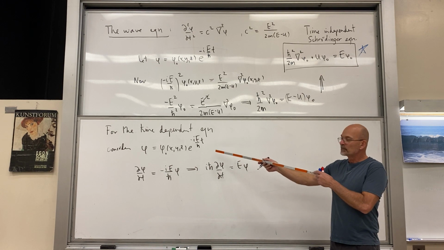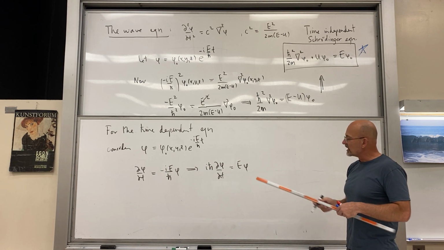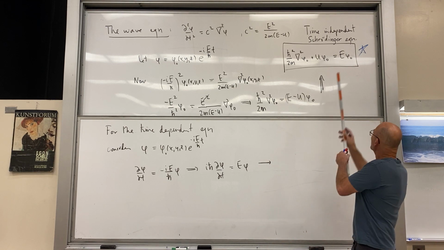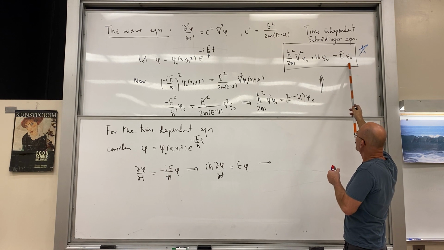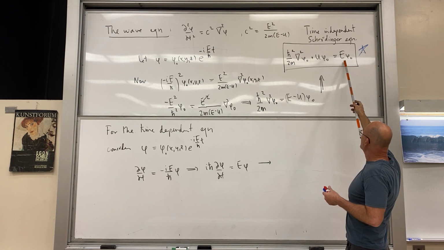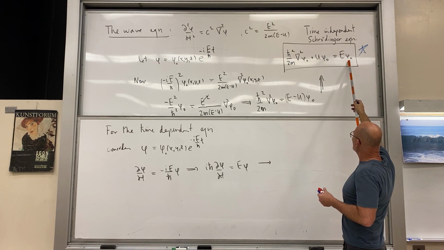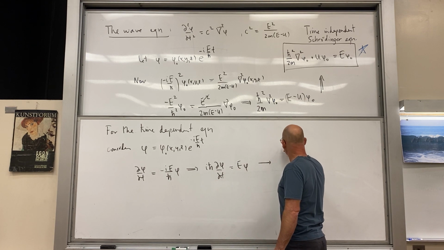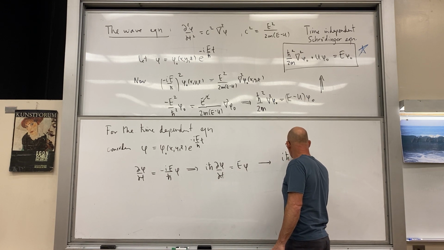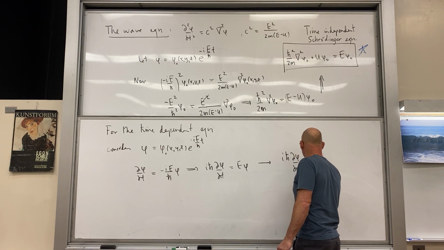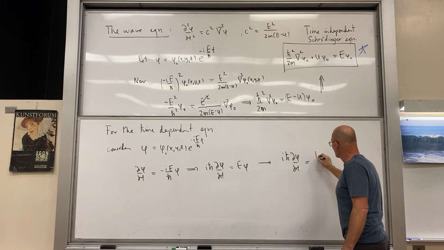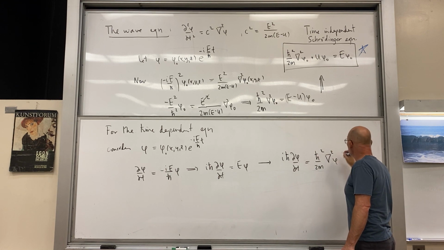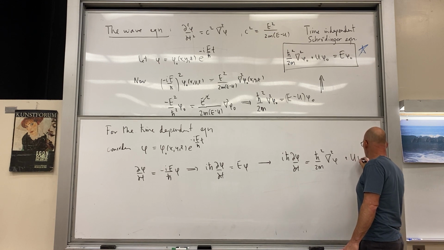Now that's true for this particular ansatz, but if we generalize that, then we replace phi naught with phi, of course, and take E times phi on the right side and replace it with i h bar d phi dt. So we end up with i h bar d phi dt is equal to what we had before, minus h bar squared over 2m del squared phi plus U times phi.